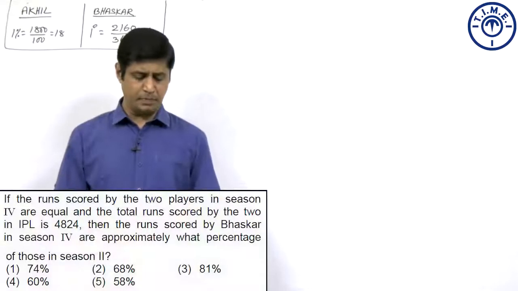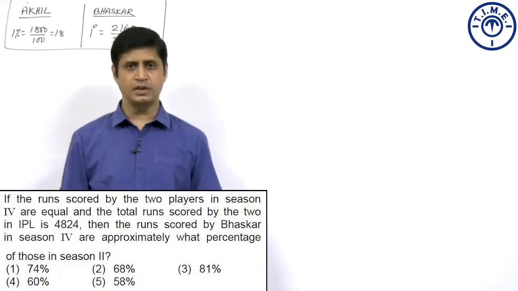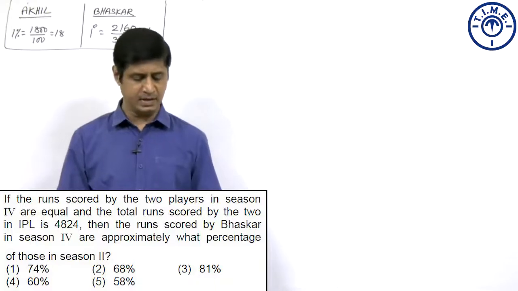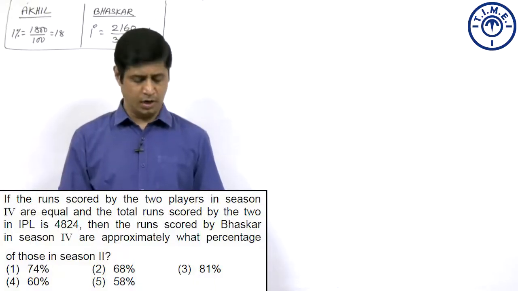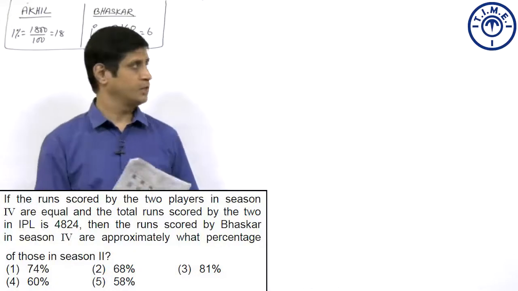If the runs scored by the 2 players in season 4 are equal and the total runs scored by the 2 players in IPL is 4824, then the runs scored by Bhaskar in season 4 are approximately what percentage of those in season 2.